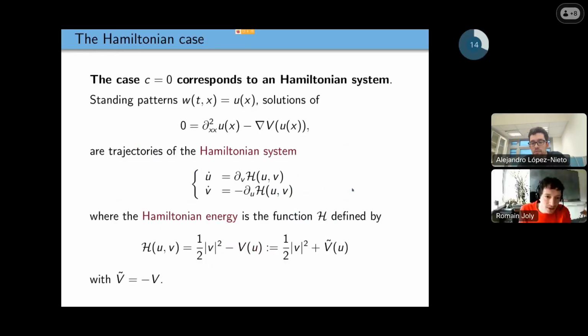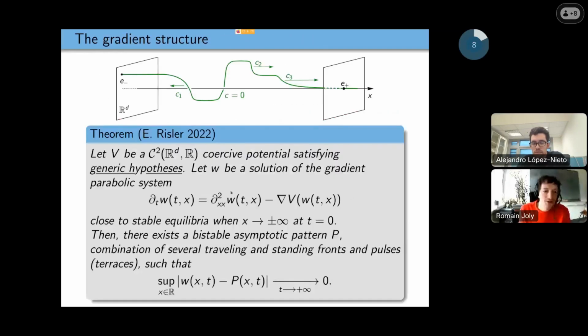So just go back there. In this result saying the global stability of terraces, you have this hypothesis, and for this result it's very important because they are using the gradient structure. So first we start to study this case due to this.